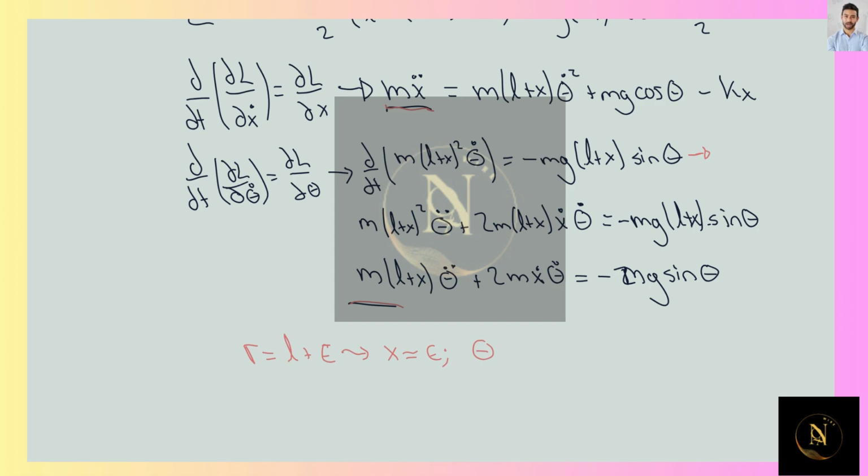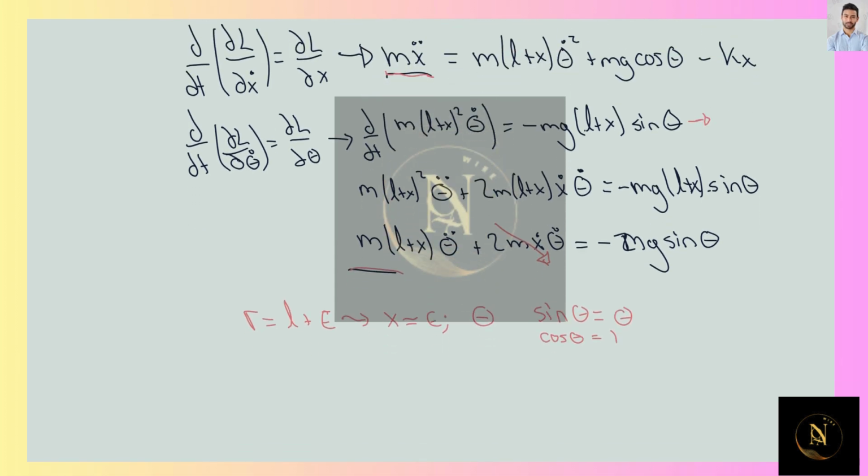So using this approximation, the first thing that we can realize is that this term is going to die out. The other thing that we can simplify is that, within this small angle approximation, sine of theta is going to be equal to theta, and cosine of theta is going to be equal to 1. So the two equations that we have, let's rewrite them and expand them a little bit.